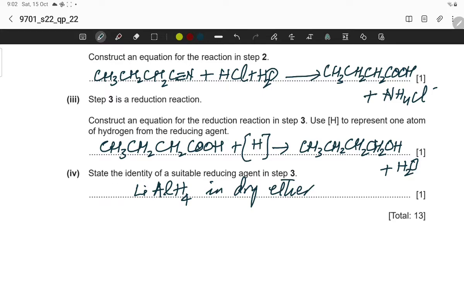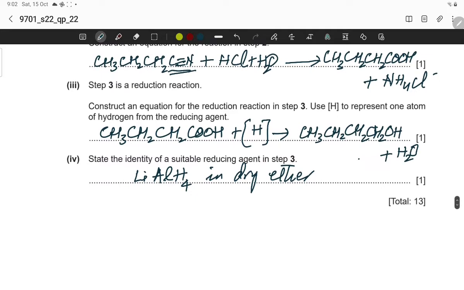And don't forget to increase the carbon chain, because the cyanide group always increases the length of the carbon chain. So this is from butanoic acid to butanol, and lithium aluminium tetrahydride is used in dry ether.